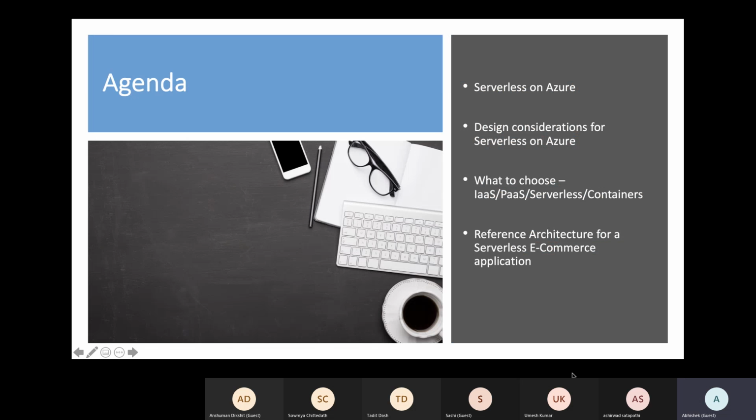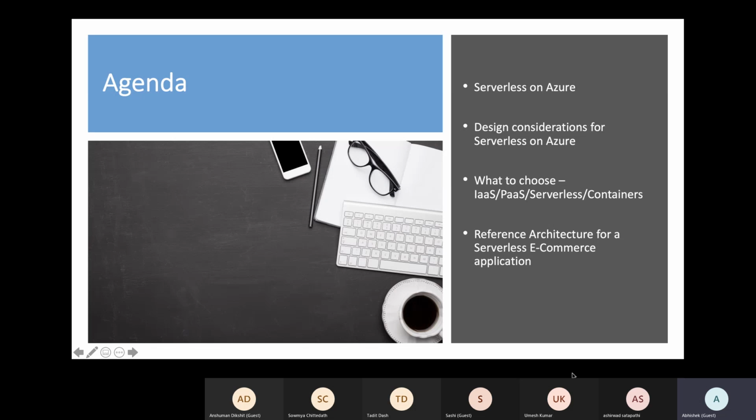And today what we are expecting is that I'll start with what serverless on Azure is. I will explain what exactly the serverless thing is and how significant it is on Azure. And then we will get into the design considerations. So we'll see what the characteristics of serverless computing are.